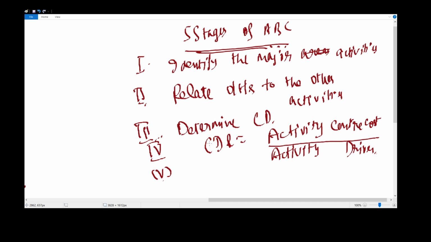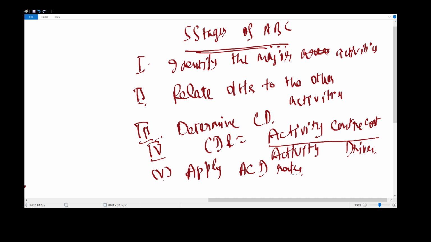Stage 5 says we have to apply activity cost driver rates to the products to arrive at the activity based overhead cost. I hope you got it.